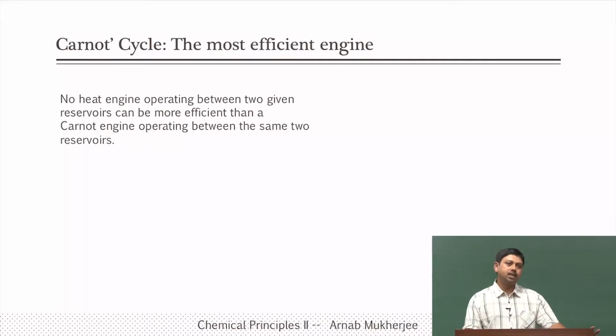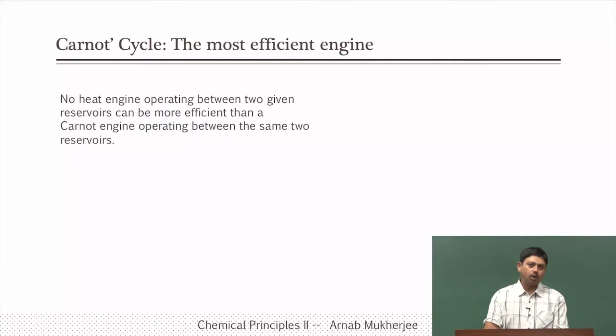So, if an engine runs between 2 fixed temperature reservoirs, its efficiency cannot be more than that of the Carnot engine. That is what we are going to discuss today.